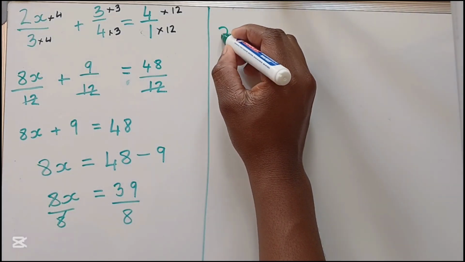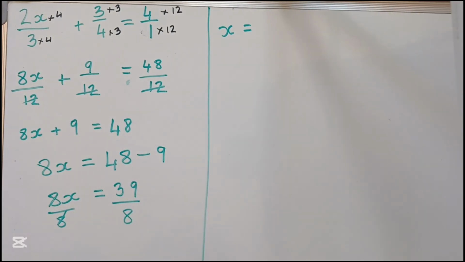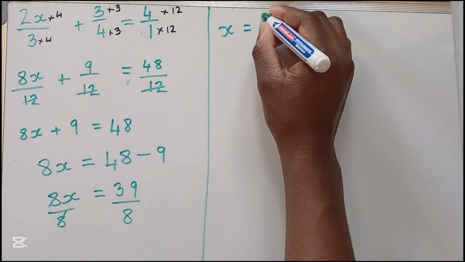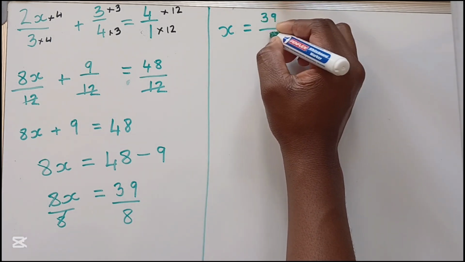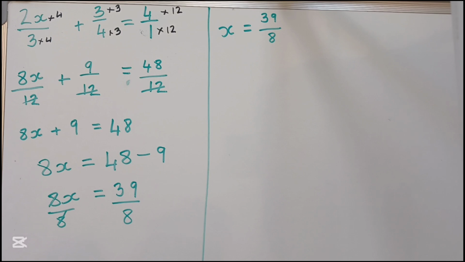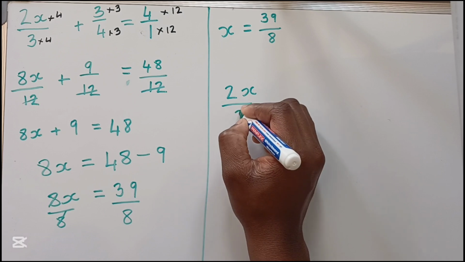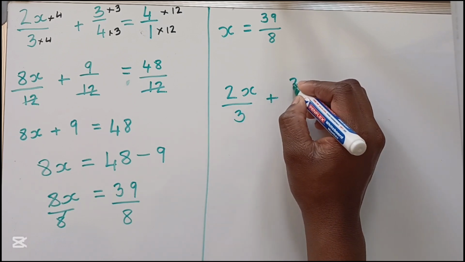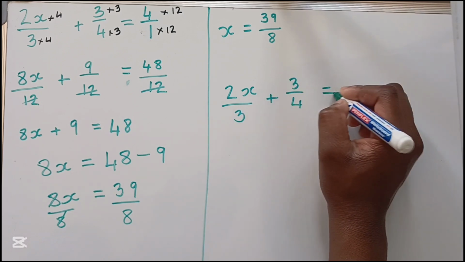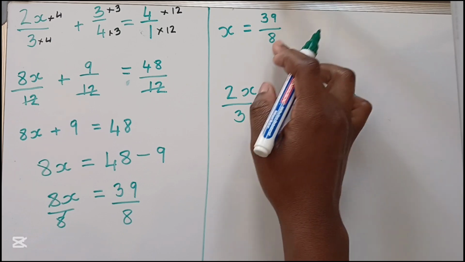Then you get x. All right, 39 divided by 8, you get 39 over 8. So therefore the value of x in this original fractional equation is 39 over 8.